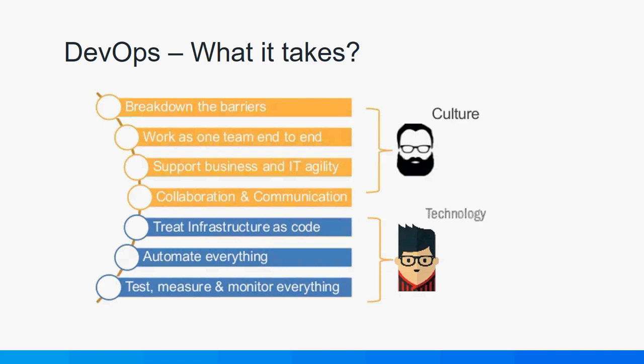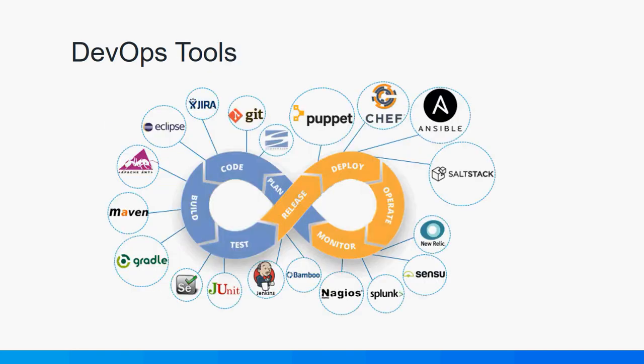So automating everything has to be a mandatory step. Test, measure, and monitor all the steps all the time. Even if it is CI or CD, you have to be monitoring everything and feeding back to the entire cycle. It's a unifying that has to happen between the technology and also the culture. The cultural change is the more difficult part, and that has to happen to achieve success in DevOps.